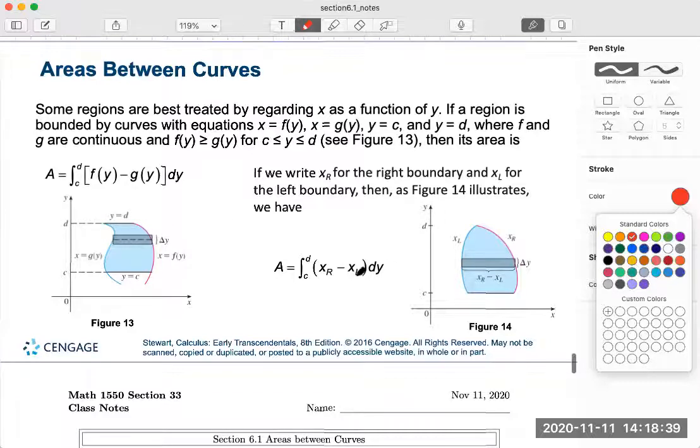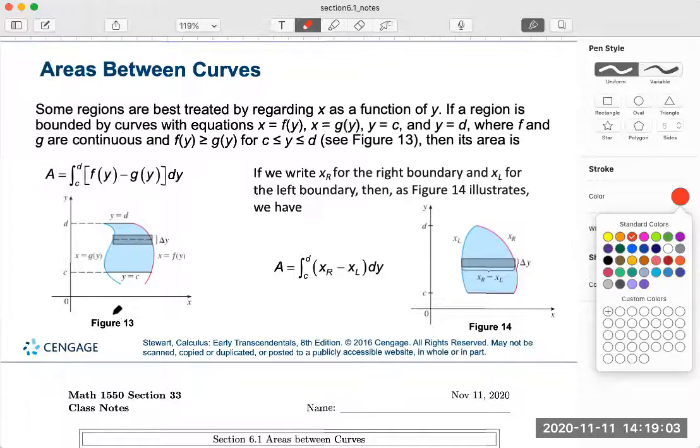And the function will be the x right, it means the value here, subtract the x lower. Subtract this. We do the same process. But now the variable is in terms of y. That's it. There's nothing new. Okay? The logic, the idea is the same.